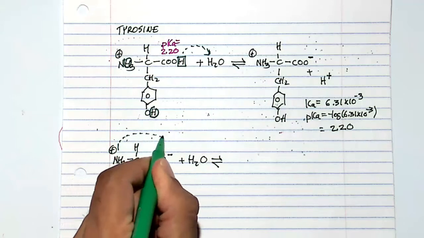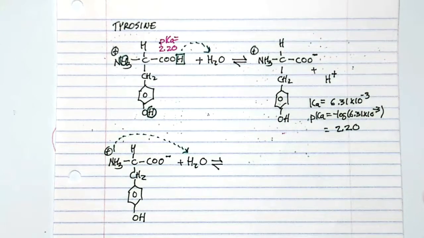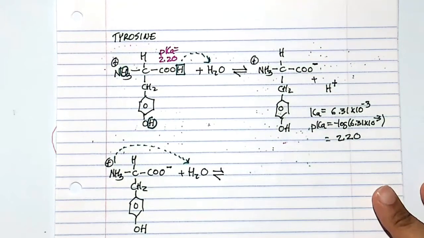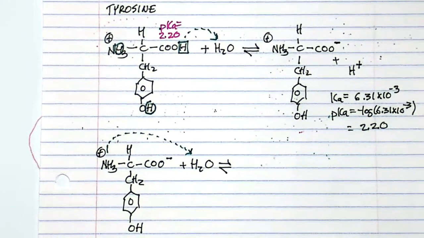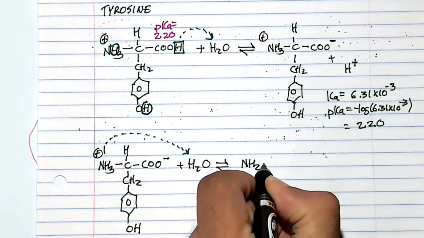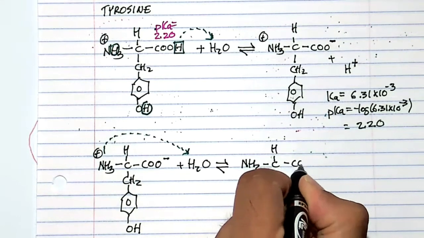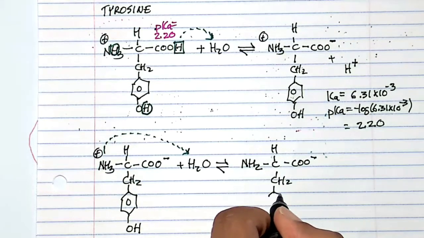The alpha amino group begins to donate its proton. And you'll get this structure here, an NH2, alpha carbon, COO minus. The side chain remains the same.